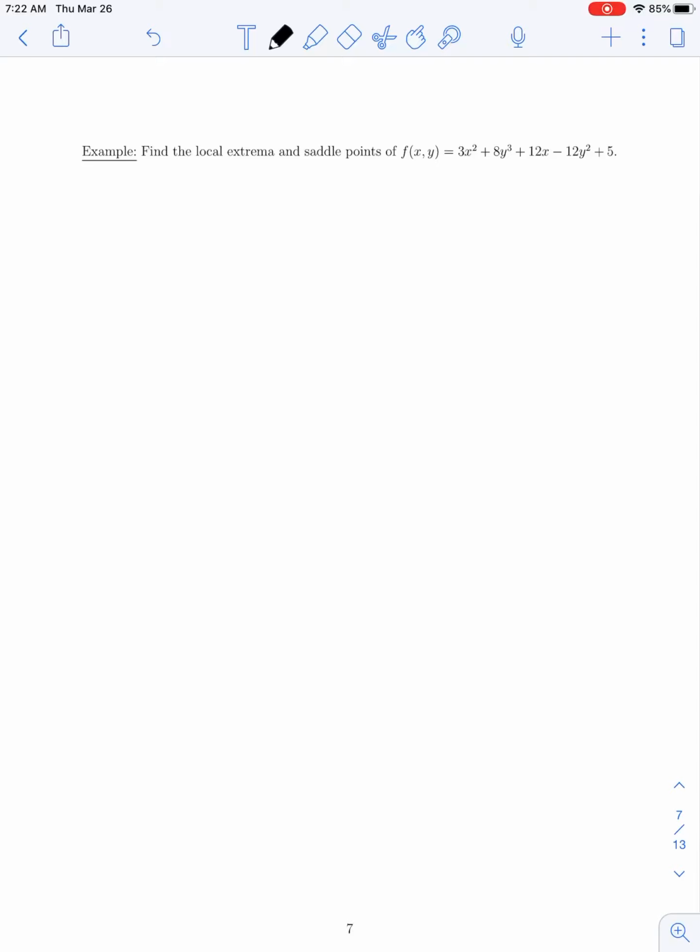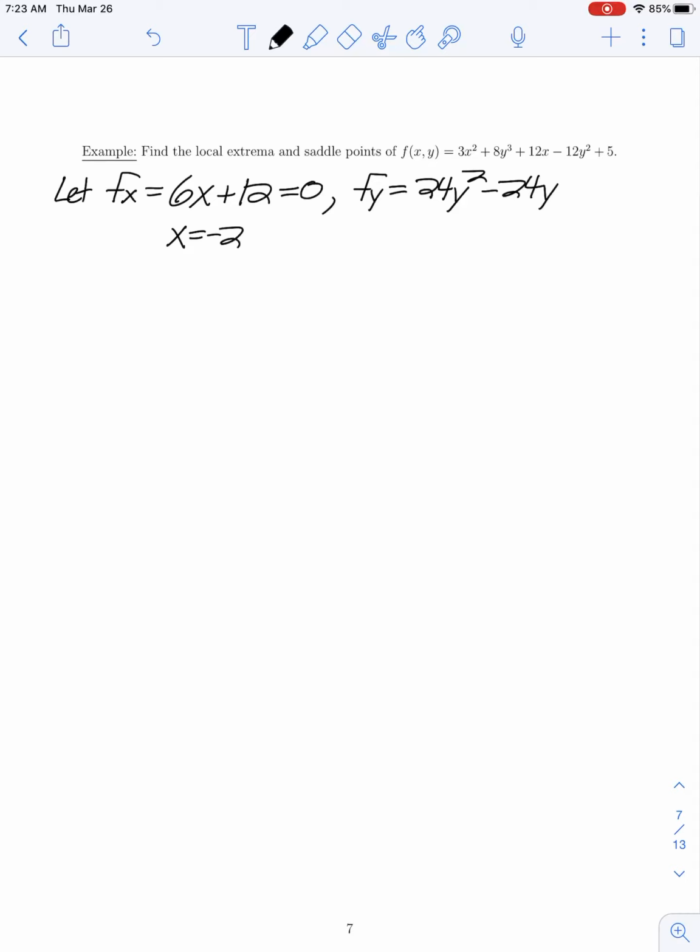So let's look at another one. In this next example, same sort of problem. We're asked for the local extrema and saddle points of the following function. So again, we want to start by finding our critical points. And to find the critical points, we're going to take our partial derivatives and set them to 0. So here our partial with respect to x is 6x plus 12, which we set to 0 and find immediately x is negative 2.